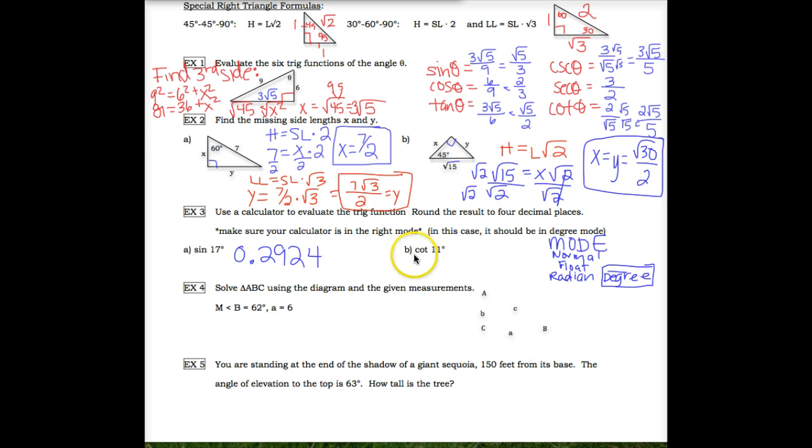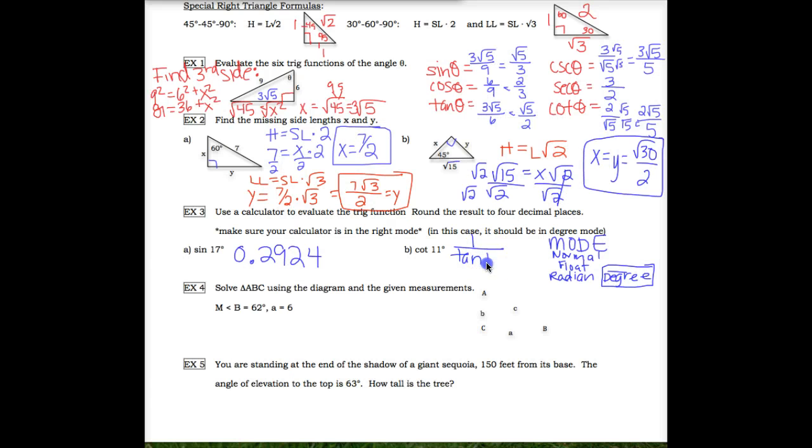Now, B says cotangent of 11. I don't have a button that says cotangent, but I do know that cotangent is 1 divided by the tangent. So that's how I have to evaluate those reciprocal functions. So I need to press in 1 divided by, put parentheses around your tangent to make sure that it's not going to mess it up.